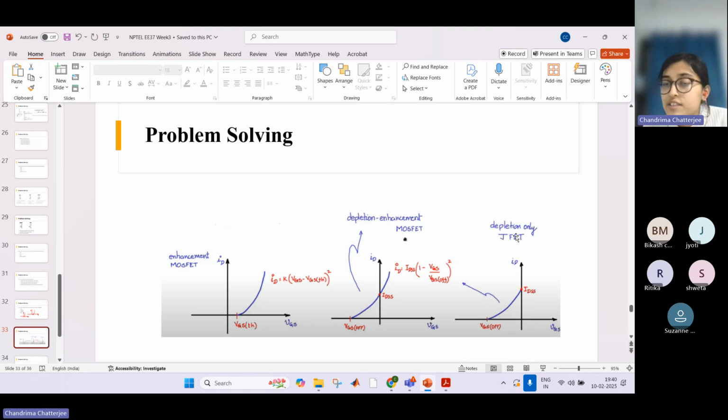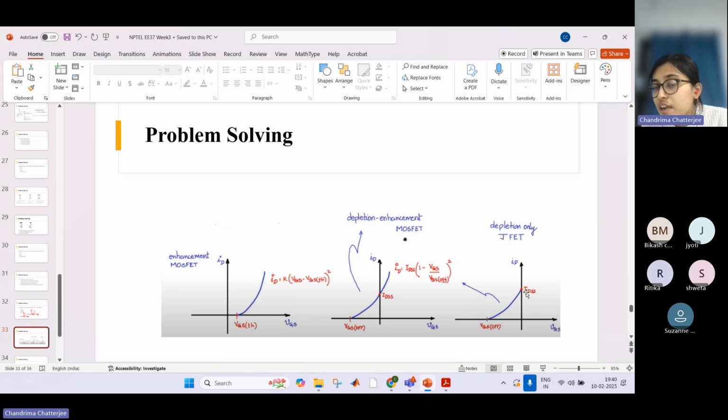And this is the relationship. And the third one is the depletion only JFET, where this characteristic is only present in the second quadrant. So in this, there is this negative VGS from where the ID current starts, and when VGS voltage is zero, then there is some ID current, right? But if you see for this MOSFET, when VGS voltage is zero, there is no current. After the threshold voltage, it starts rising, but here, when VGS is zero, that time there is some current.